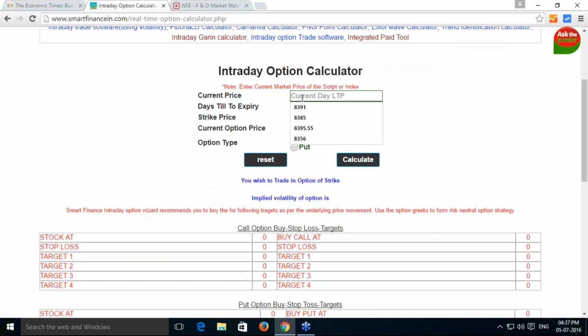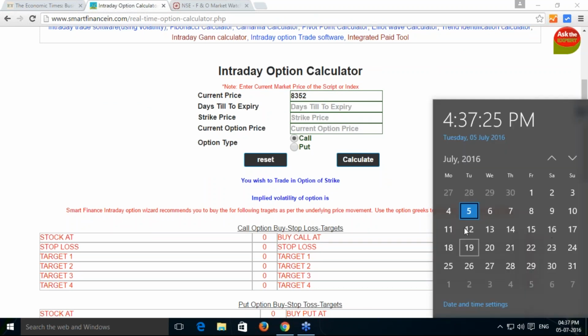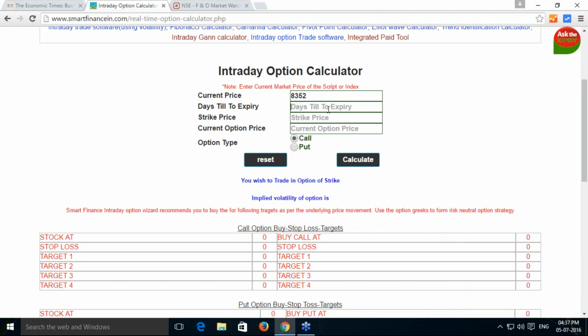So I am putting in 8352 and the days till expiry. You will get this from your calculators, meaning the expiry day. This month, July 2016, we have expiry on the 28th. We are at the 5th. If I reduce 5 from 28, 23 days are left till expiry.